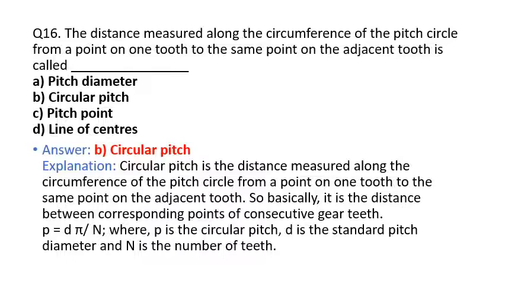The circular pitch is the distance measured along the circumference of the pitch circle from a point on one tooth to the same point on the adjacent tooth. So basically it is the distance between corresponding points of consecutive gear teeth. P = πD/N, where P is the circular pitch, D is the standard pitch diameter, and N is the number of teeth.